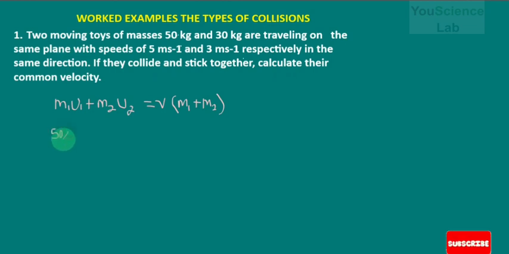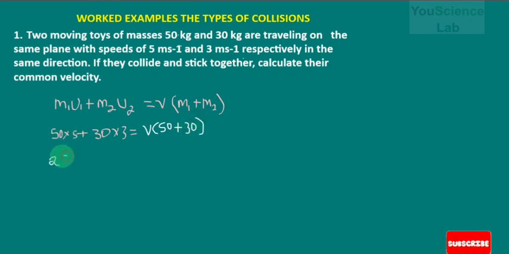So m1 is 50 times u1, which is 5, plus m2, which is 30, times u2, which is 3. This is equal to v times (50 plus 30).